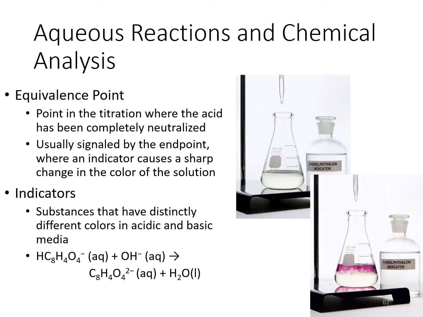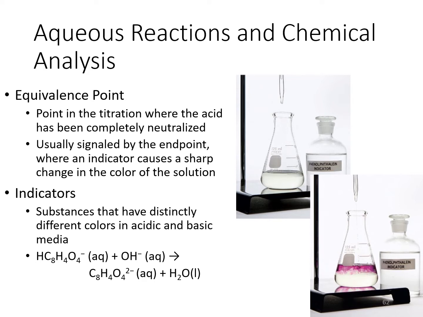Like I briefly mentioned, we can use an indicator in order to determine when the reaction is complete. For example, phenolphthalein is a really common indicator, which you can see on the right-hand side. In acidic conditions, it is colorless, it's clear. But once it becomes very slightly basic, you'll start seeing it turn pink.